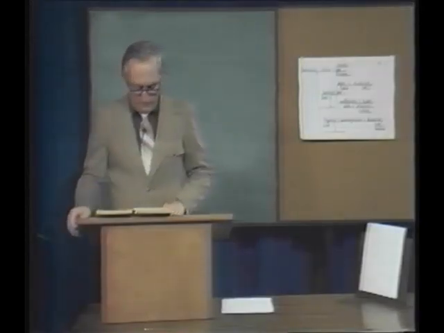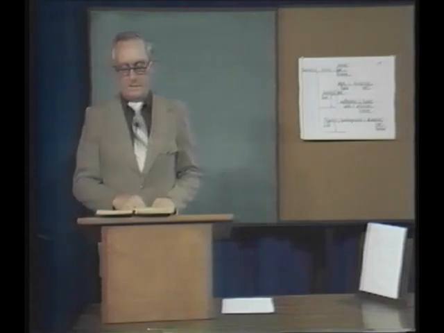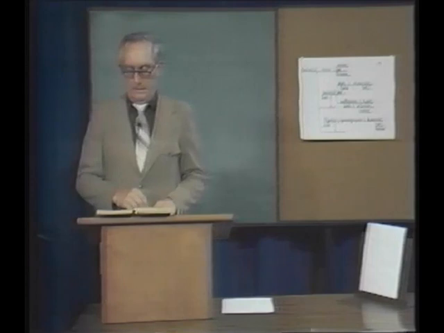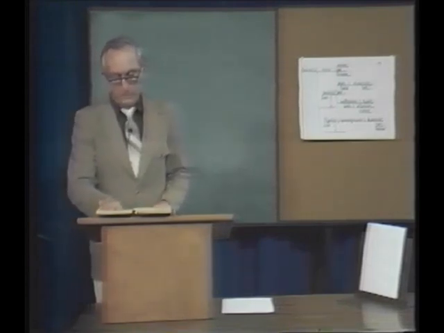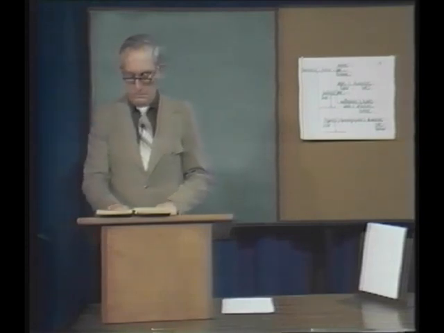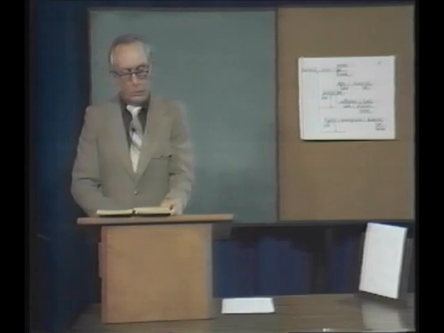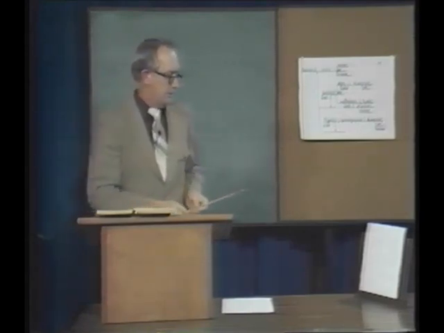Now, he says in 398 that sometimes the relative pronoun will be attracted to the case of its antecedent. Remember, the antecedent is the word to which it refers. And so he gives us an example: when all were wondering at all the things which he was doing, he said to his disciples.